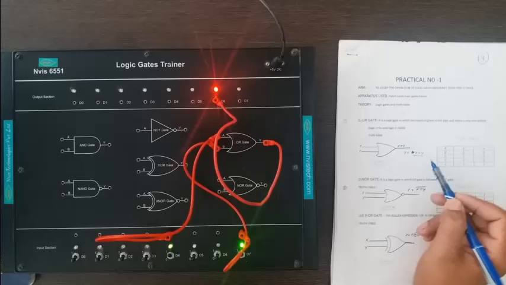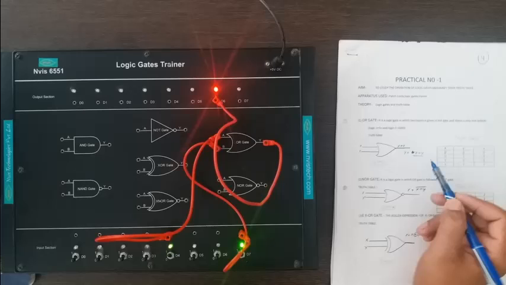In case of XOR gate, at 0 0, your output is low 0. At 0 1, your output is 1. At 1 0, your output is 1. At 1 1, your output is 0.